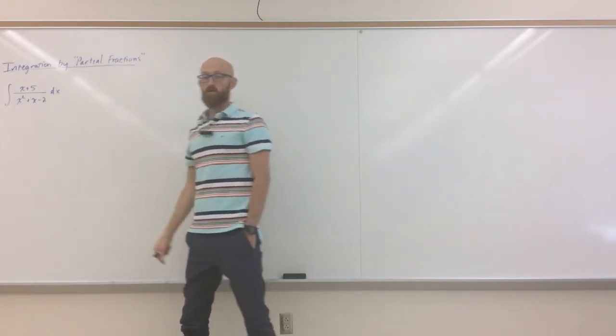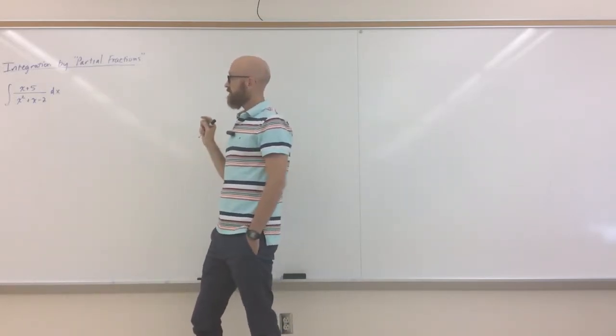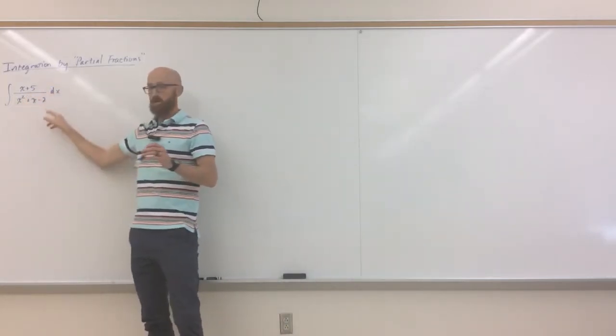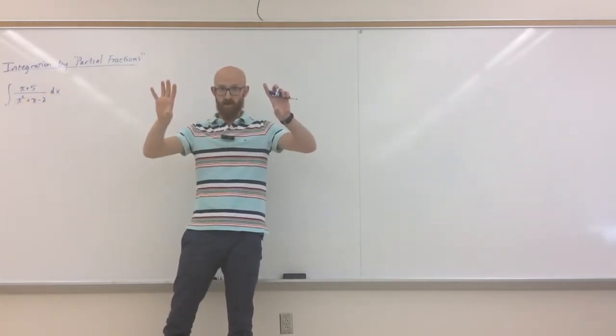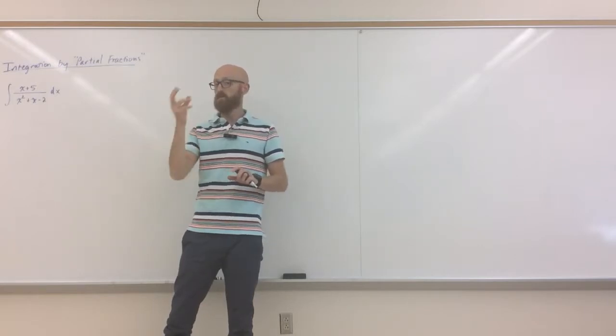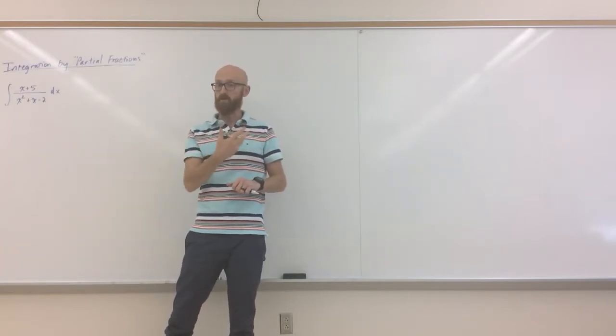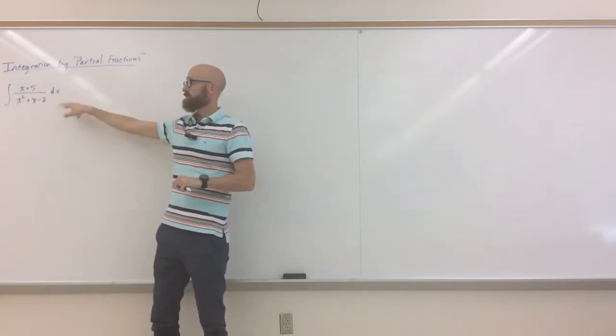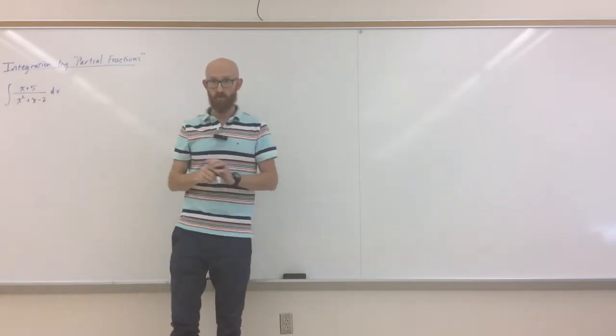The technique of integration by partial fractions is that we're going to break the fraction x plus 5 over the denominator into two separate fractions. First I'm going to convince you that we can do that, and then afterwards we'll apply it. We'll see that this integral turns into something a lot more simple.